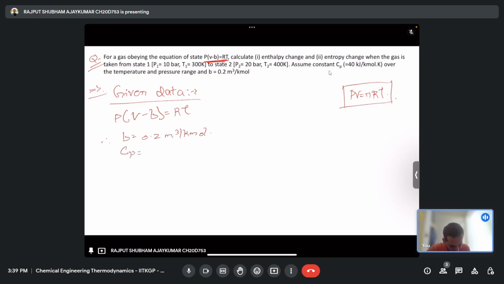Specific heat at constant pressure as 40 kilojoule per kilomole Kelvin, pressure P1 as 1 bar, pressure P2 as 20 bar, temperature T1 as 300 Kelvin and temperature T2 as 400 Kelvin. Now, what you have to determine is the change in the enthalpy.